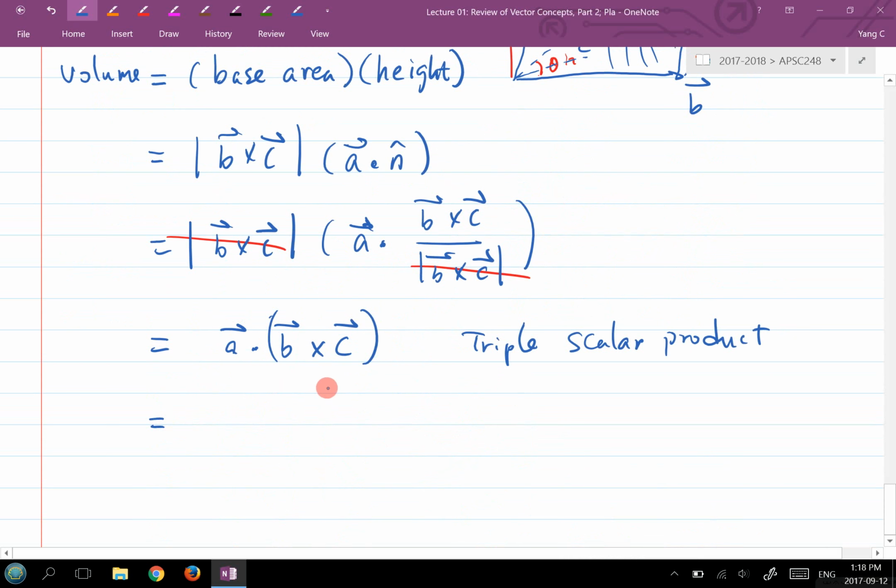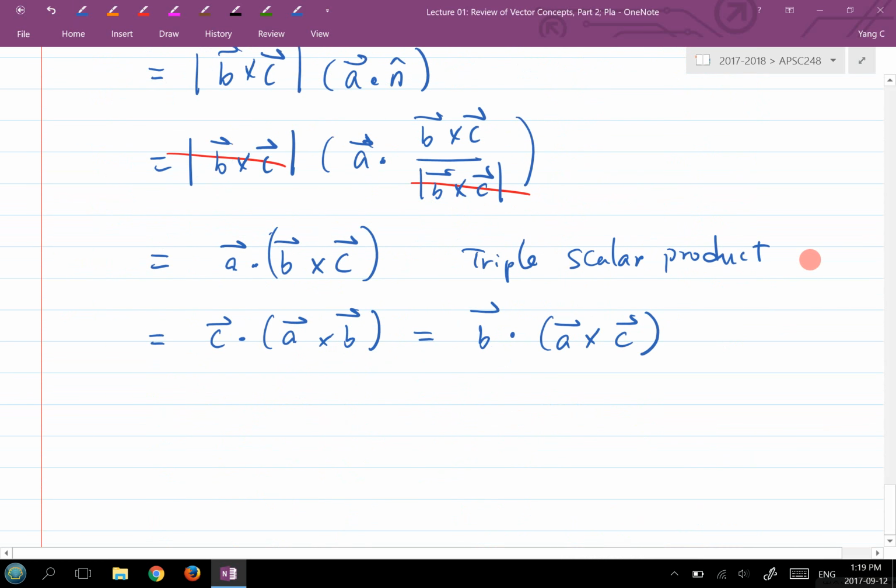So the base area here is B and C. If I choose a different base area, then we might end up with, let's say, C dot A cross B, or using the other one would be B dot A cross C. So same results, but just different ways of deriving it, right?